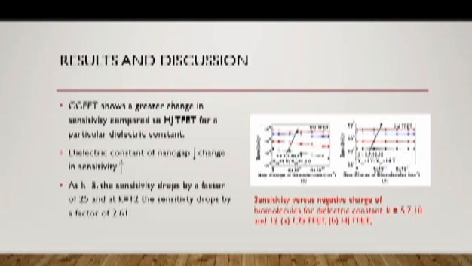However, for a particular dielectric constant, CG-TFET shows a greater change in sensitivity than HJ-TFET with the increase in the magnitude of charge. The change in sensitivity of the sensor with increasing magnitude is small for a low dielectric constant. As the dielectric constant of the nanogap increases, the change in sensitivity reduces. At k equal to 5, the sensitivity drops by a factor of 25, as compared to k equal to 12, where it drops by 2.61.